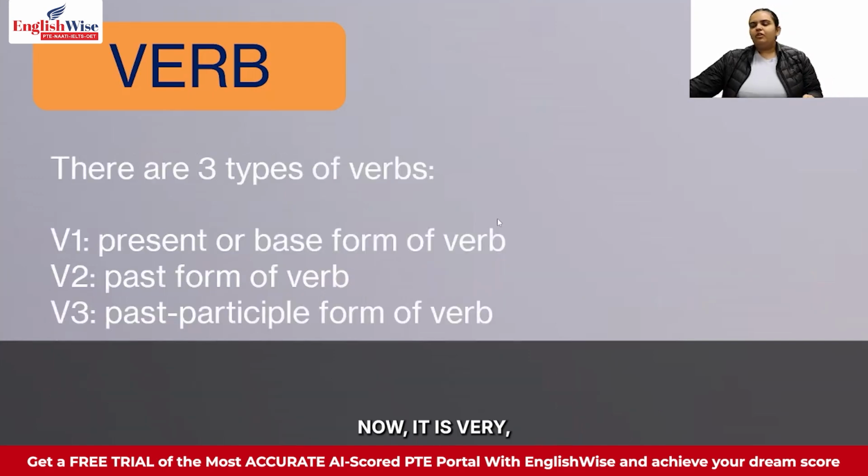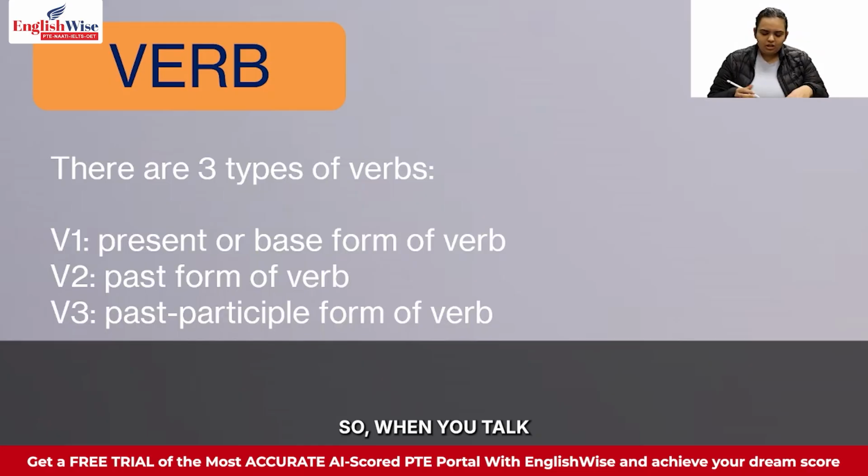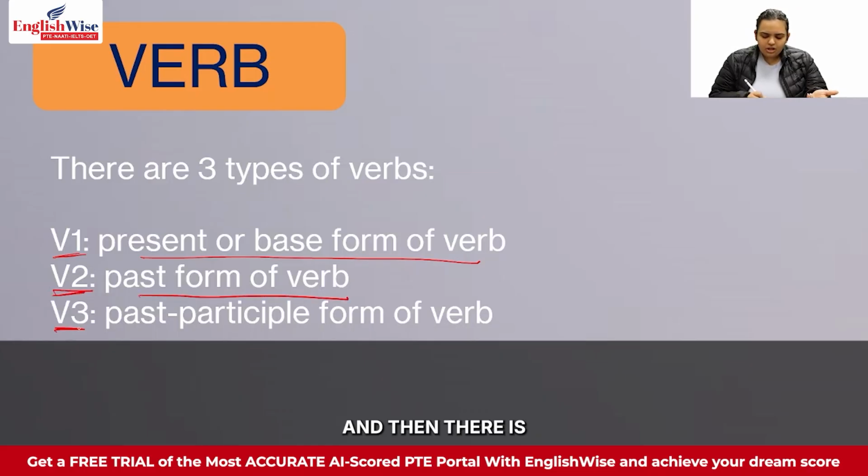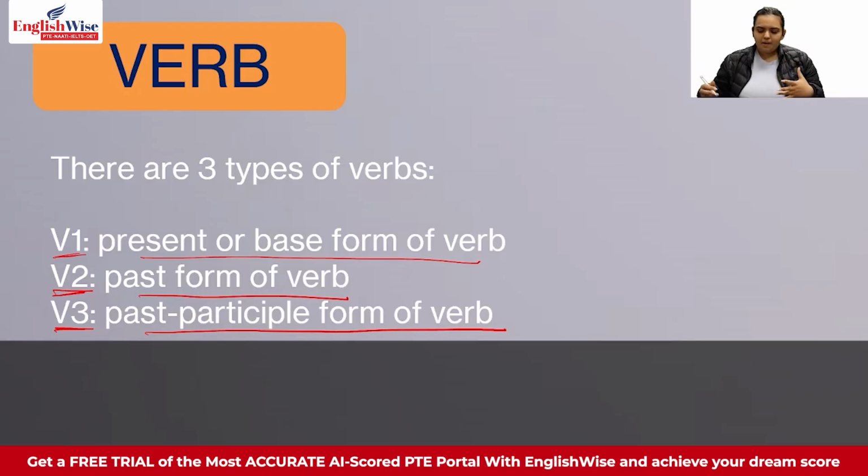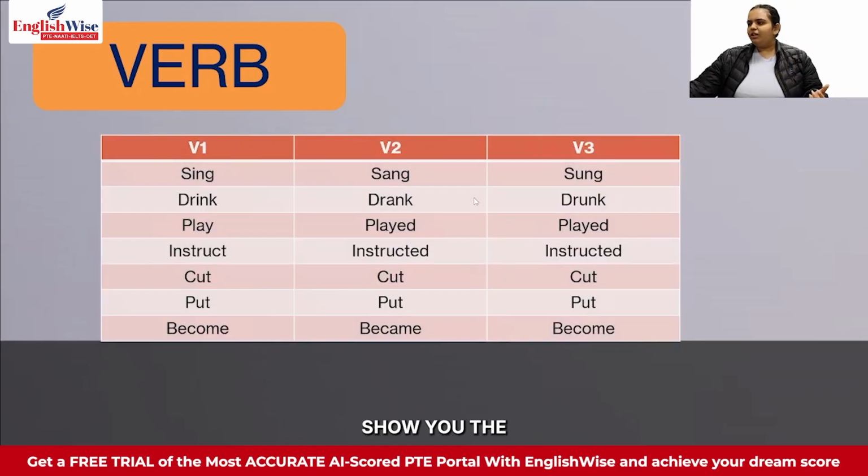Now it is very important that you understand that there are three forms of verbs. There is V1, that is the present or the base form of the verb, then V2, that is the past form of the verb, and then there is V3, which is the past participle form of the verb. I have made a table here to show you the differences.